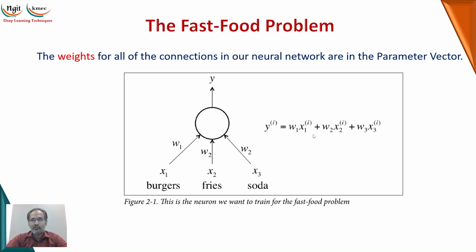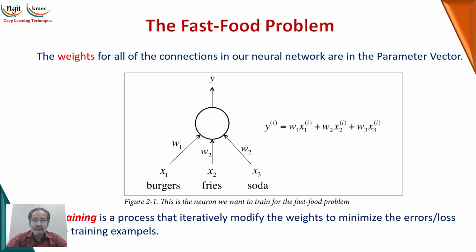We have to sum all these, so W1 x1 plus W2 x2 plus W3 x3, that we have to give. And this is for a single observation. Single observation means one order, one record. From the data perspective, we can say it is a single record, and from the fast food problem, it is a single order. For one order, these are the inputs or values that we will consider.